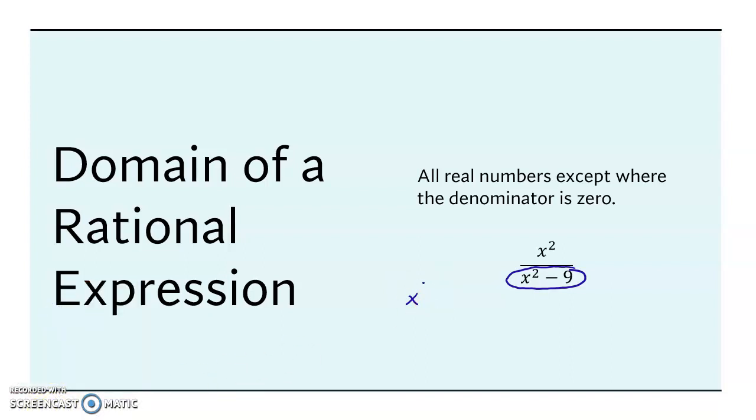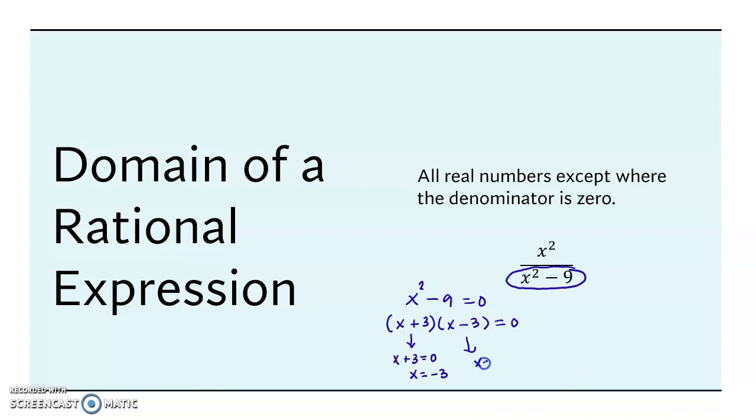And I see x squared minus 9 as a difference of two squares. A is x and b squared is 9, so b would be 3. So I can write this as x plus 3 times x minus 3 because it's a difference of two squares. And then I can set each of those factors equal to 0. And I get x equals negative 3, so that's one way that the denominator would be equal to 0.